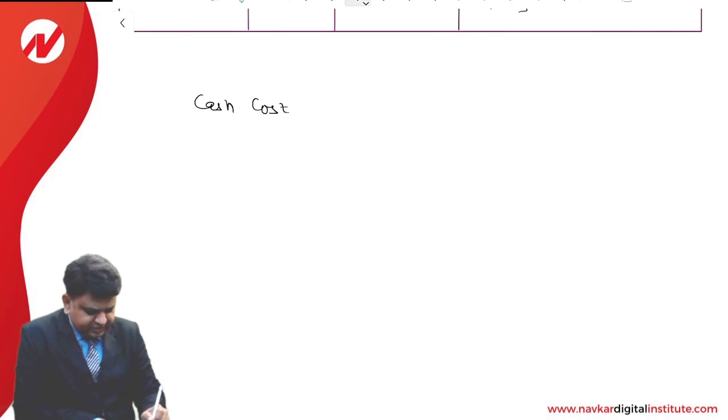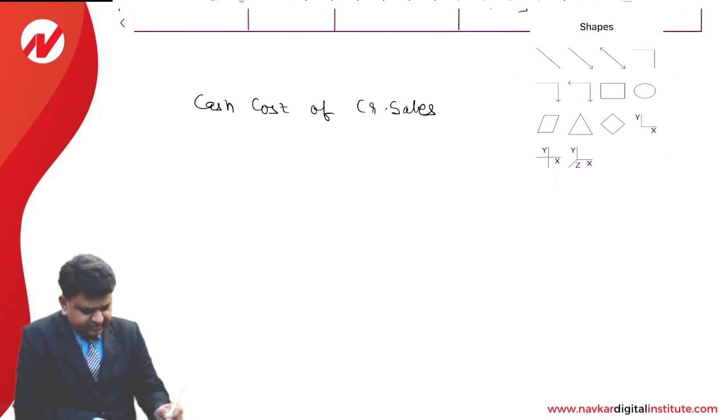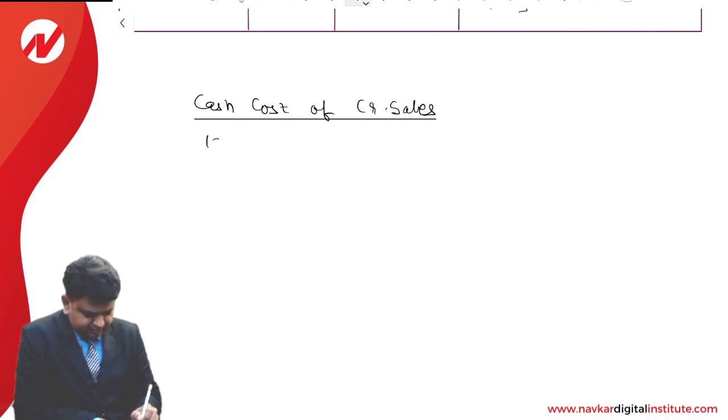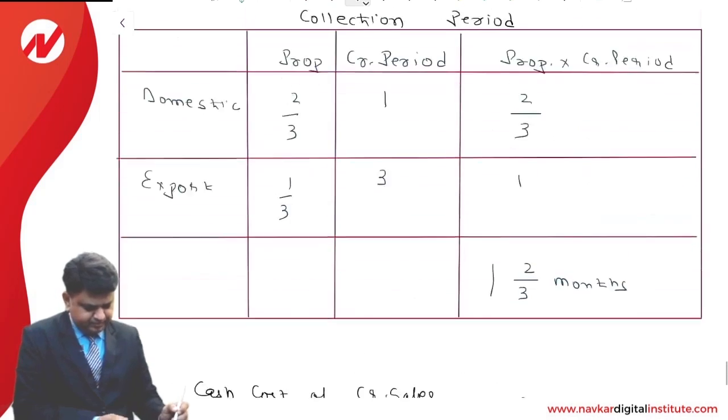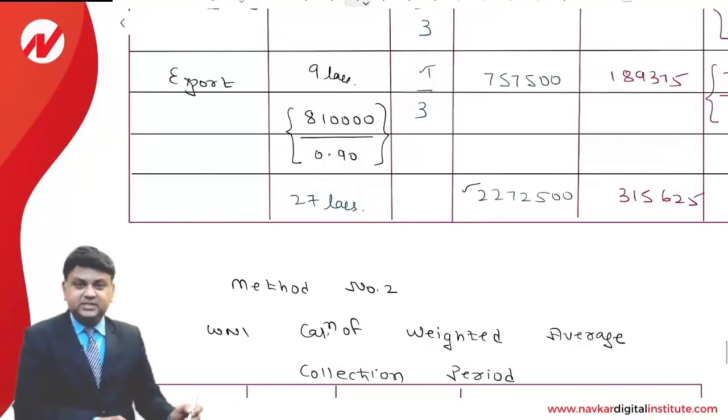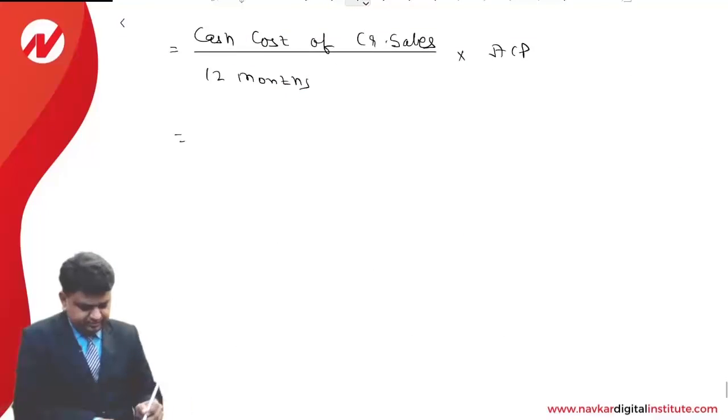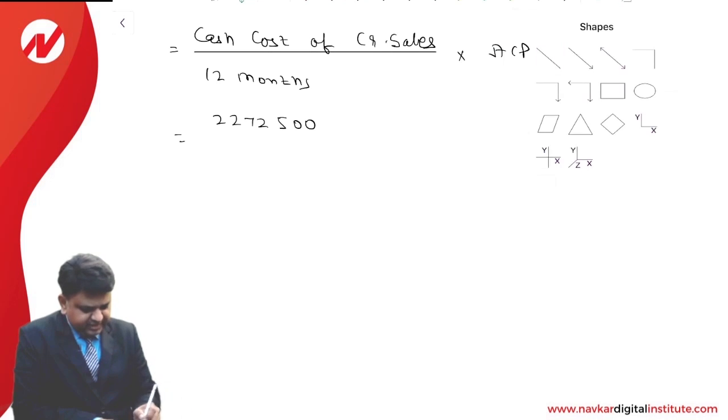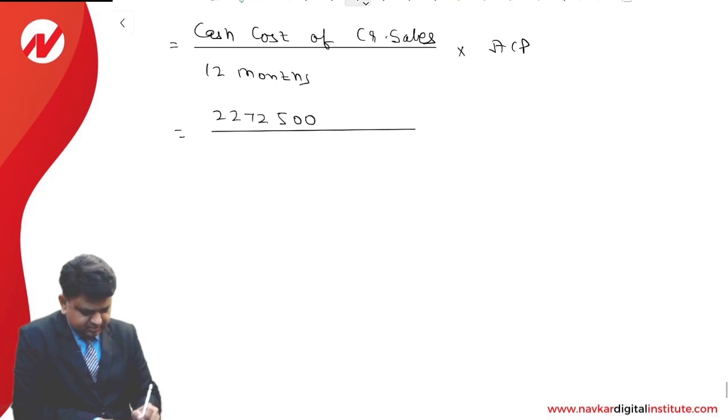It is cash cost of credit sales, 22,72,500, divided by 12 months into average collection period. That is 1 2/3 month.